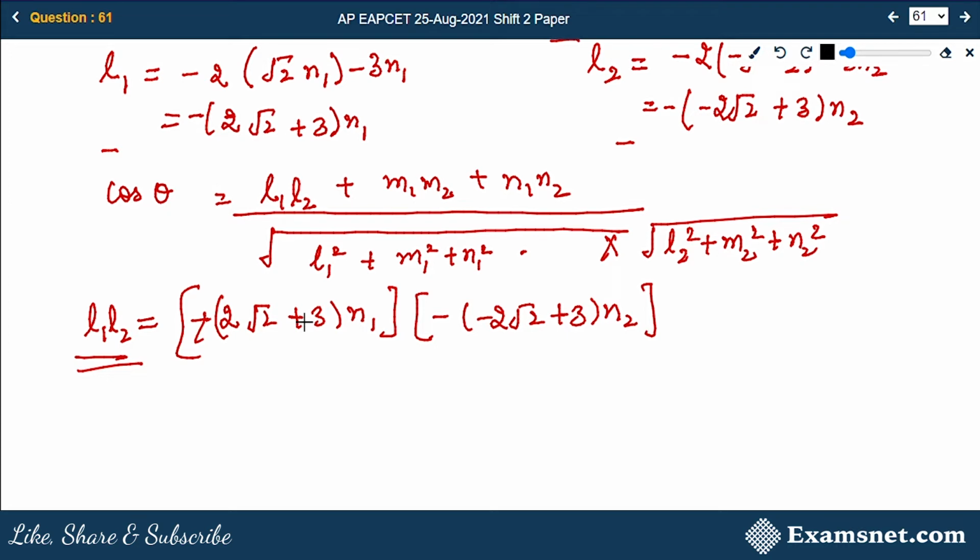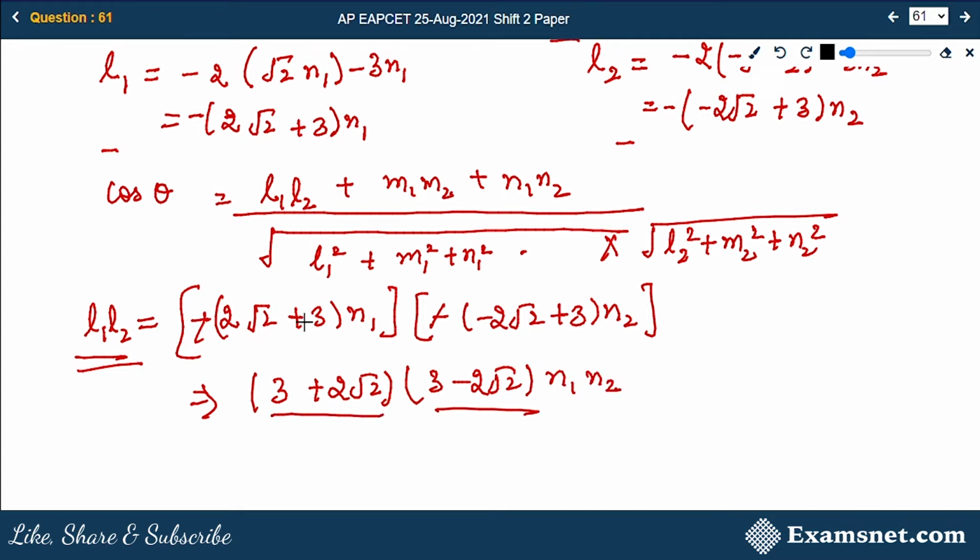This minus will get cancelled and you have something over here which is 3 plus 2 under root 2, 3 minus 2 under root 2, n1 n2. See, this is something of the form a plus b into a minus b, which gives you a square minus b square, that is 9 minus 8 into n1 n2, which is nothing, n1 into n2 itself.